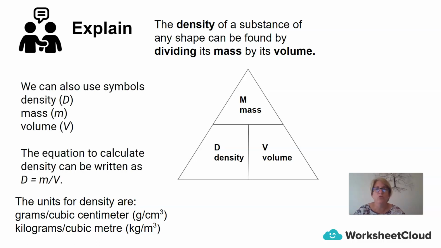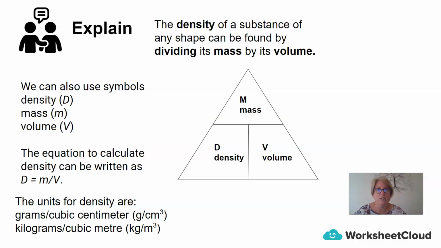So we can use symbols to represent density, mass, and volume. Density we represent with a capital D. Mass we represent with a lowercase m. And volume we represent with an uppercase V. So the equation to calculate density that we have figured out today is that density equals mass divided by volume.